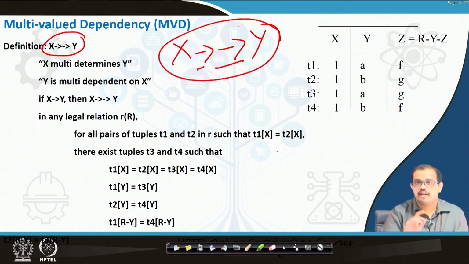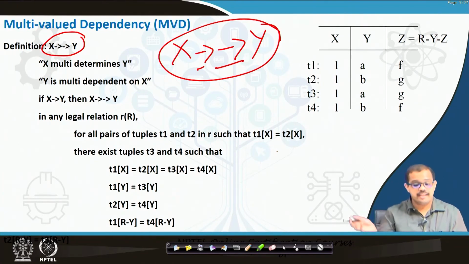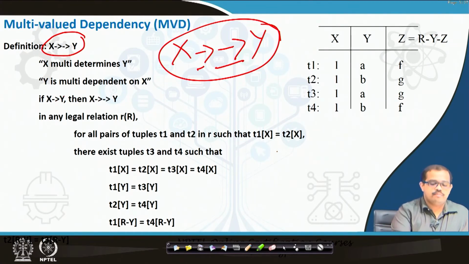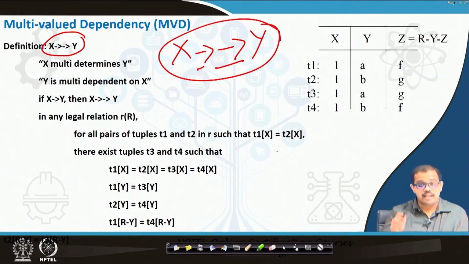So, it has a multi-valued function. X multi-determines y; y is multi-determined by, or dependent on, x. So, if y is functionally dependent on x, then x determines y.